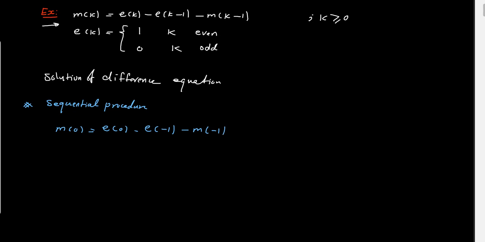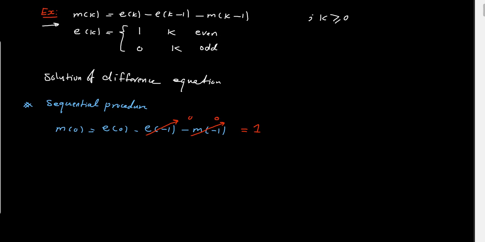And simply, by definition of the causal system and by assumption, any negative index will go to 0. And here we'll end up with e of 0, and e of 0 is, k now is even, so m of 0 will equal 1.